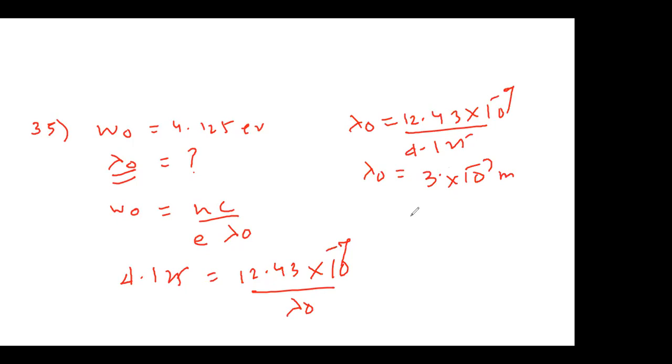Option B. So if you can remember that hc by e is 12.43 into 10 raised to minus 7, we can do all the sums very fast. Thirty-fifth over.